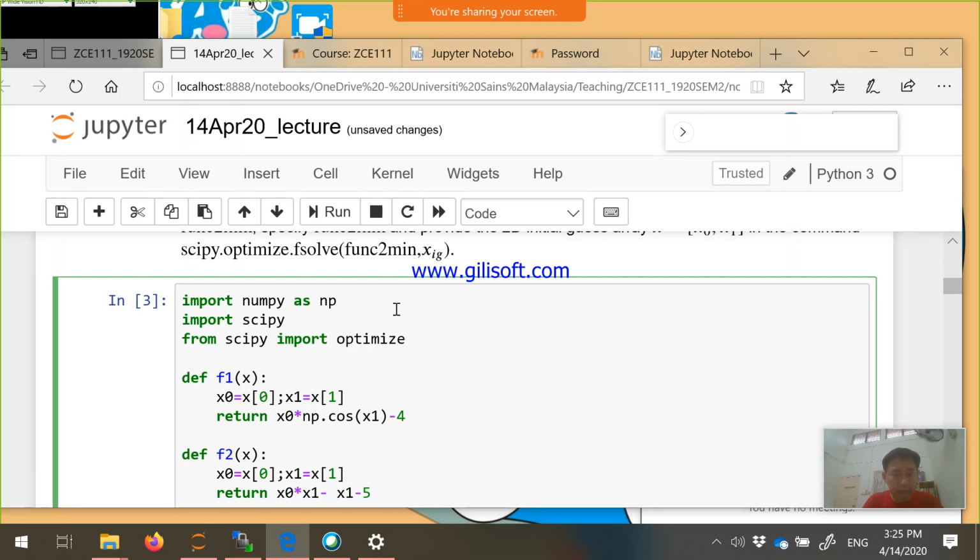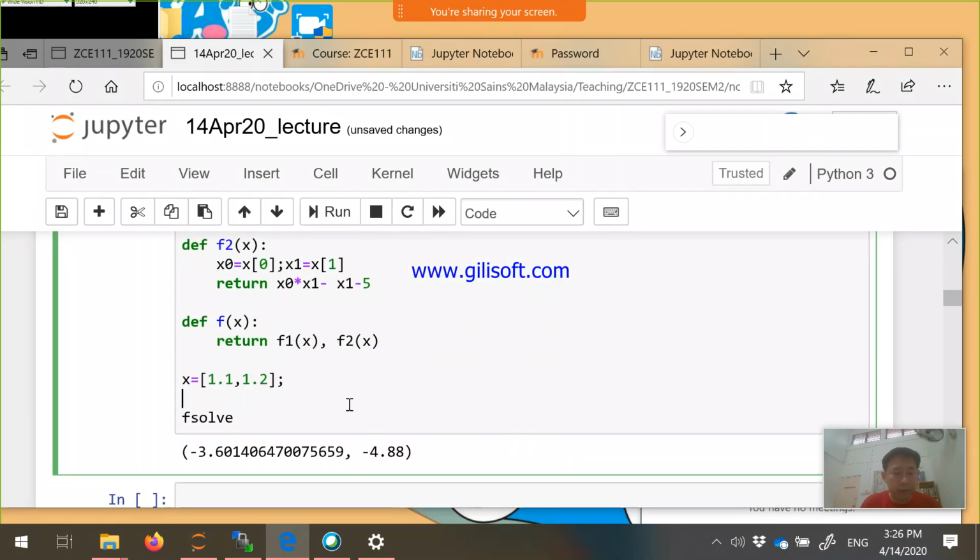Okay, so if I'm not mistaken, then that should be the way. So I suppose that the fsolve is inside this optimize. So let me try to see if I can call out the fsolve. Now fsolve is the command that is inside the optimize package in the SciPy.